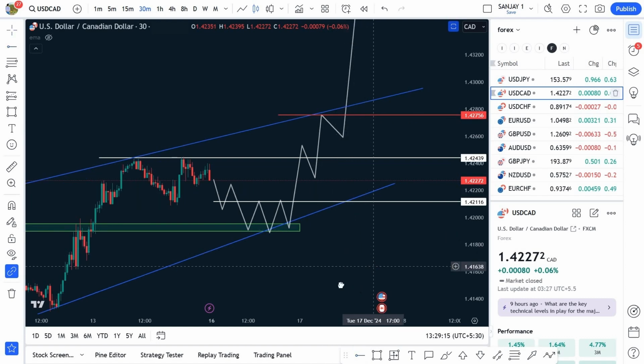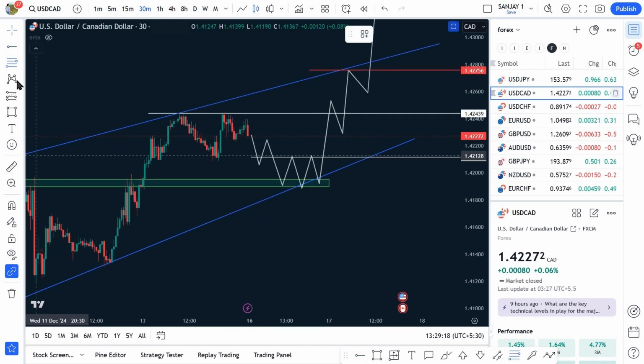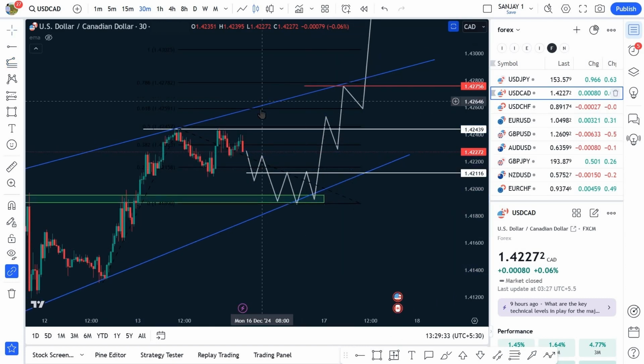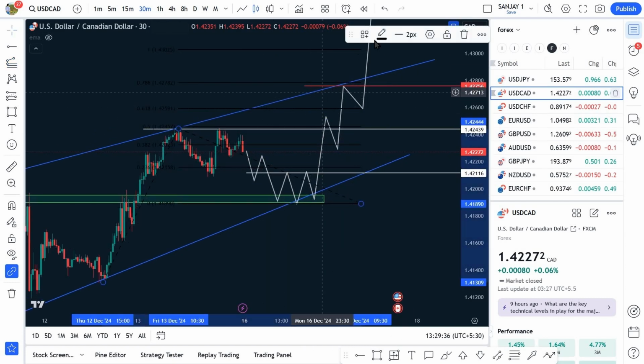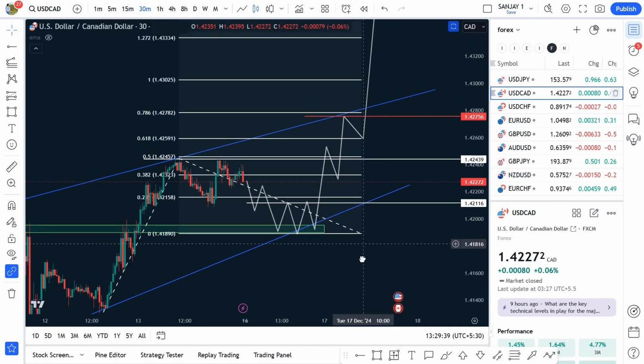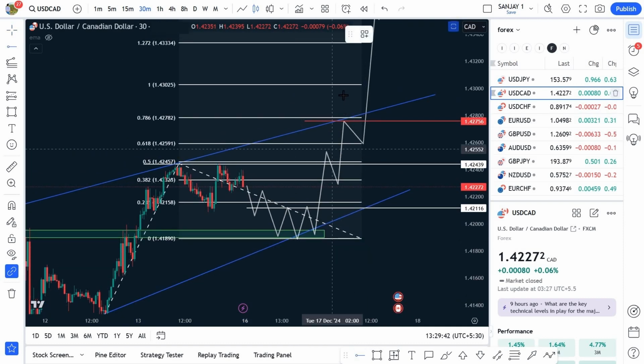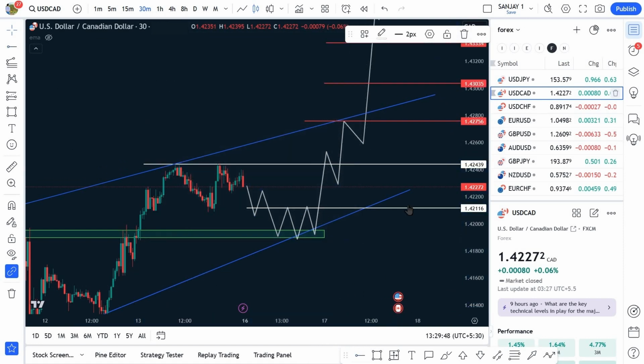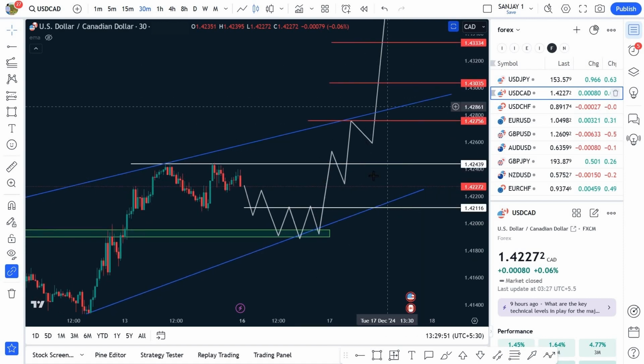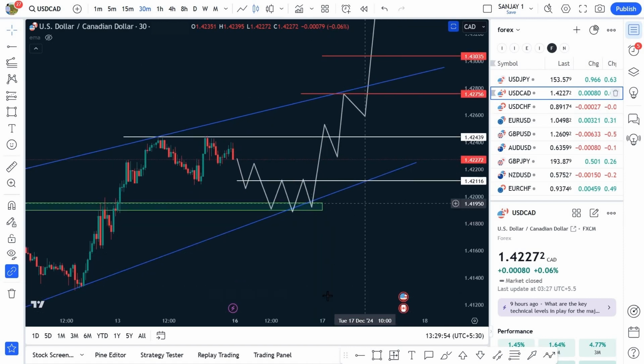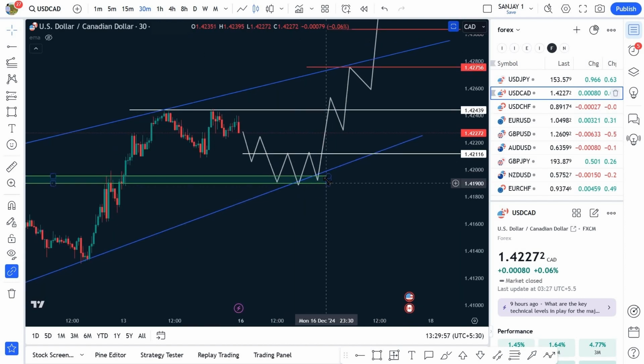Then we can use a Fibonacci level here. So these will be my resistance areas, and there are some support zones forming around these levels.